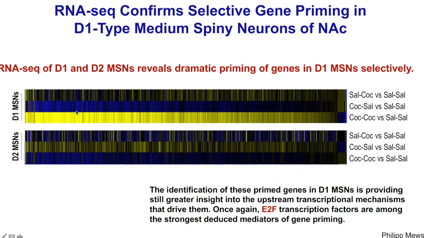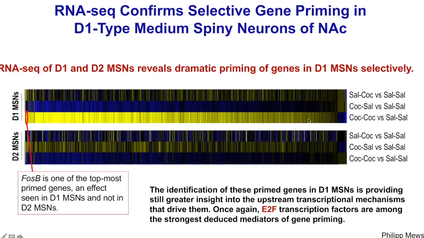One can look into these primed genes and ask what are predicted upstream transcription factors. Once again, the E2F family becomes highly identified as a top upstream regulator. And if one drills into what are these genes, we were very heartened to see that FosB is indeed one of the topmost primed genes in D1 medium spiny neurons, an effect not seen in the D2 cells. So again, going back historically, sometimes one's hunches are good, but it's great to see their validation through open-ended, unbiased data sets.